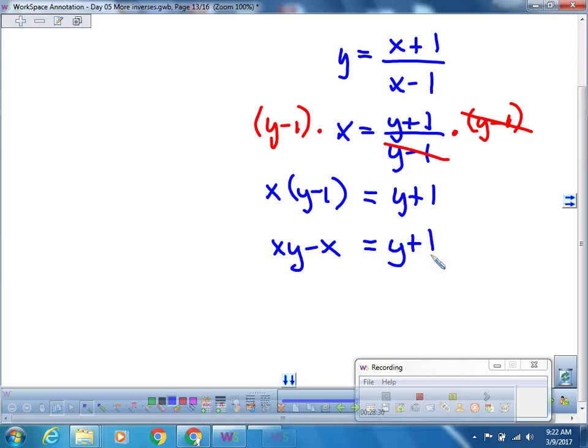Wait, I'm getting lost now. I know, but I'm lost. Yeah, get all the y's on one side.